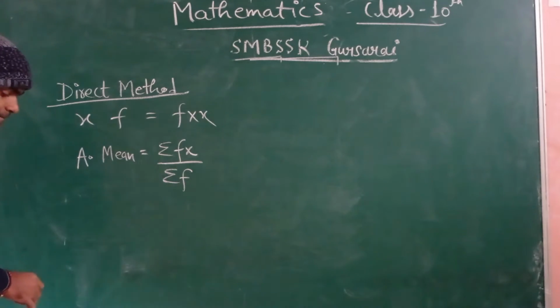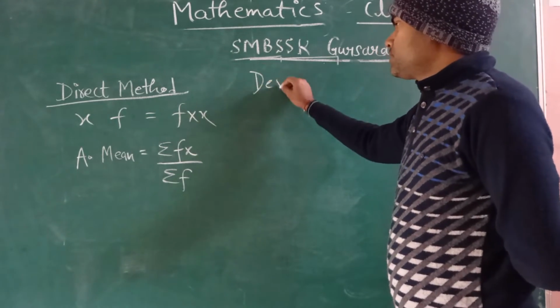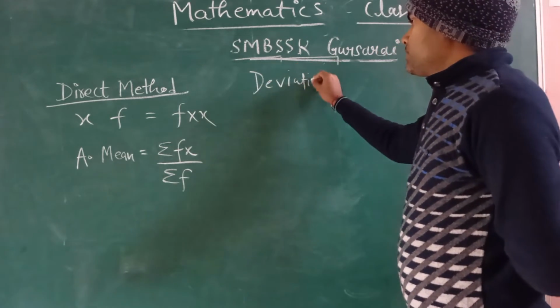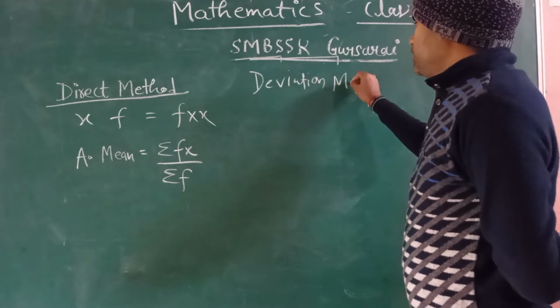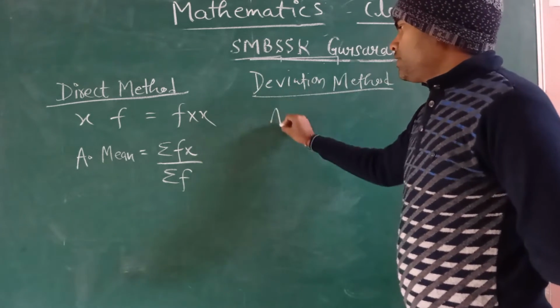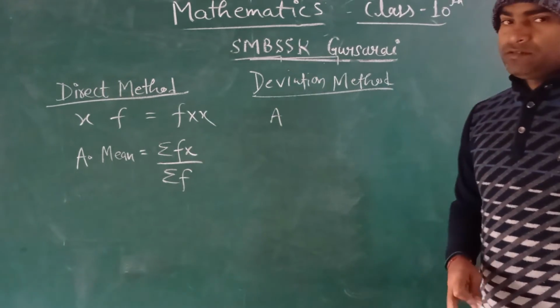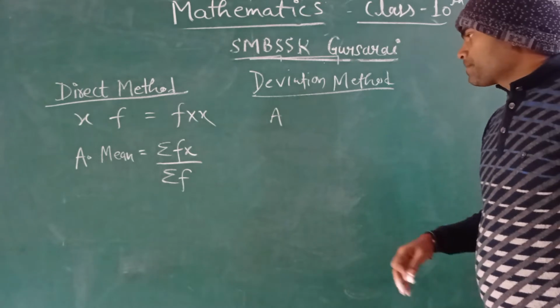But in the deviation method, there is a slight difference. In the deviation method, we assume a to be the assumed mean of that given data.